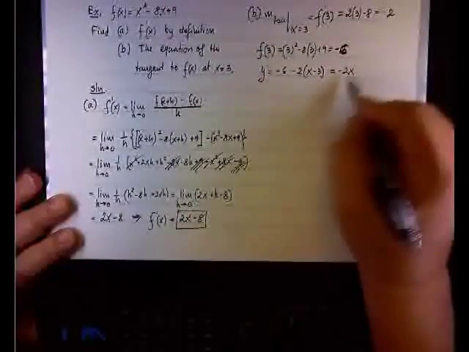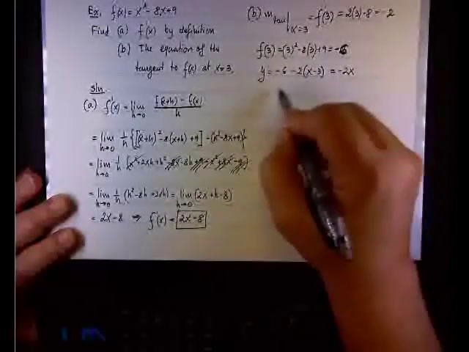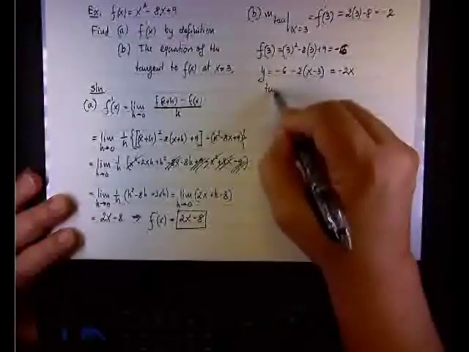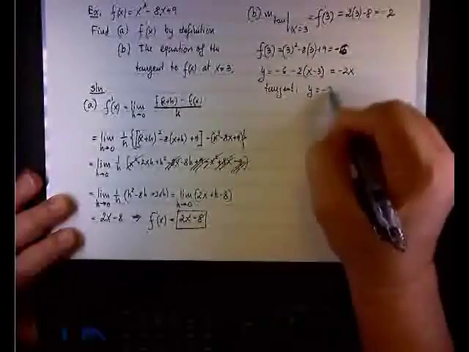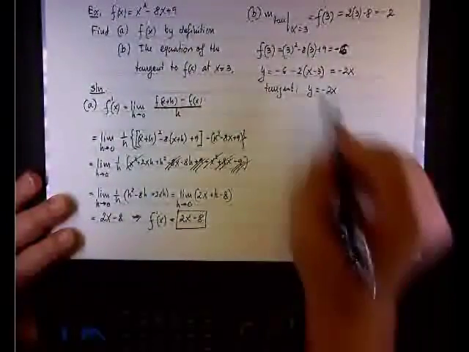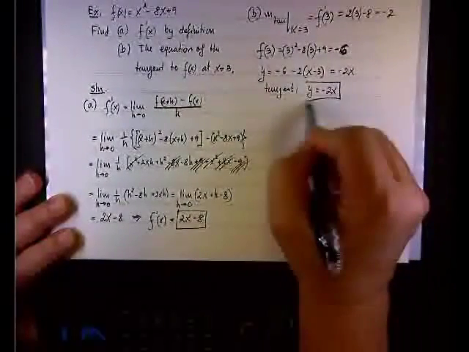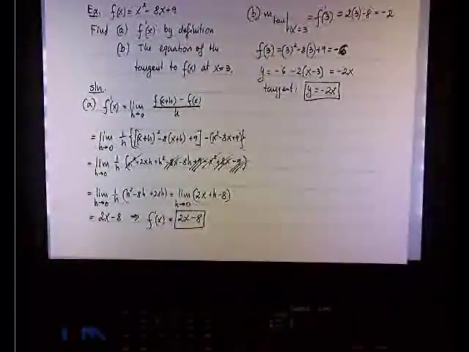Wow, that's it. y equals negative 2x. So the tangent: y equals negative 2x. Okay.